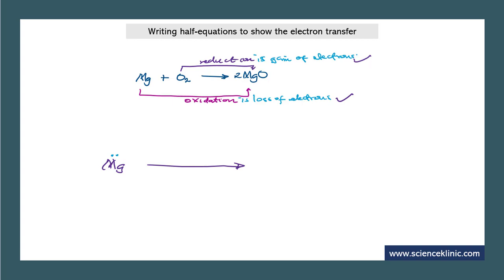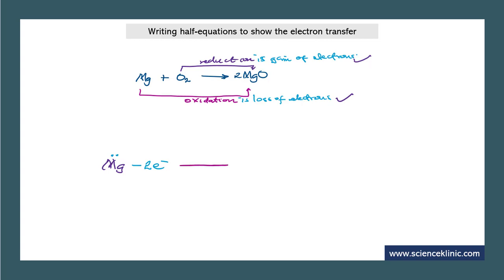So we're going to indicate that by writing minus 2 electrons. Minus 2 electrons means magnesium has lost 2 electrons.